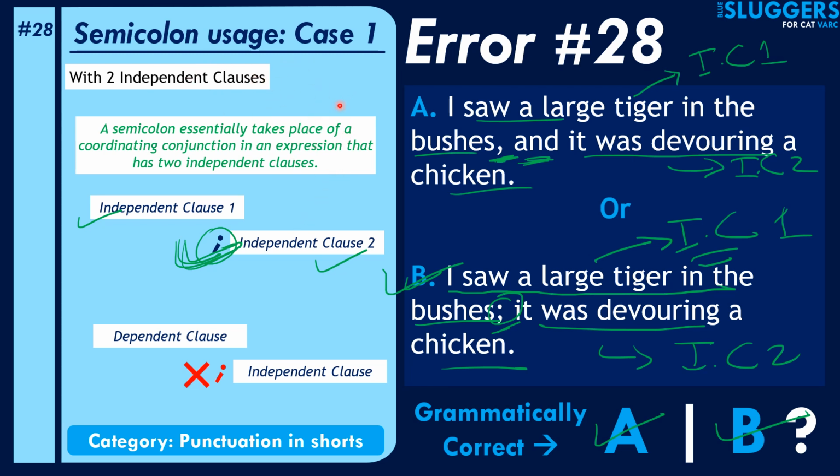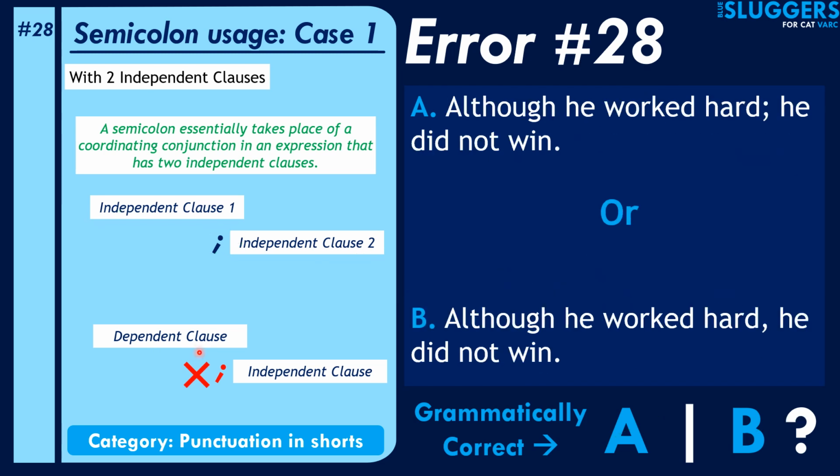Now we'll take up the second case in the next video, but right now I do want to discuss another scenario here: can you use a semicolon if you don't have both the clauses to be independent? If one of the clauses happens to be dependent, what do you do in such a case? So let's look at an example. Look at the first sentence here. It says "although he worked hard."